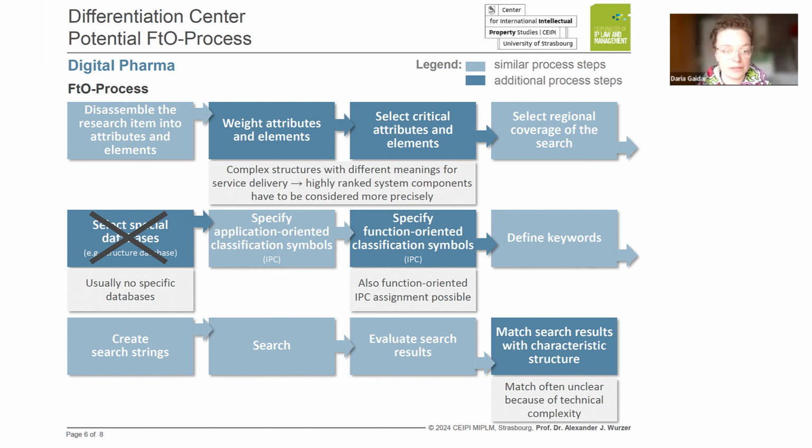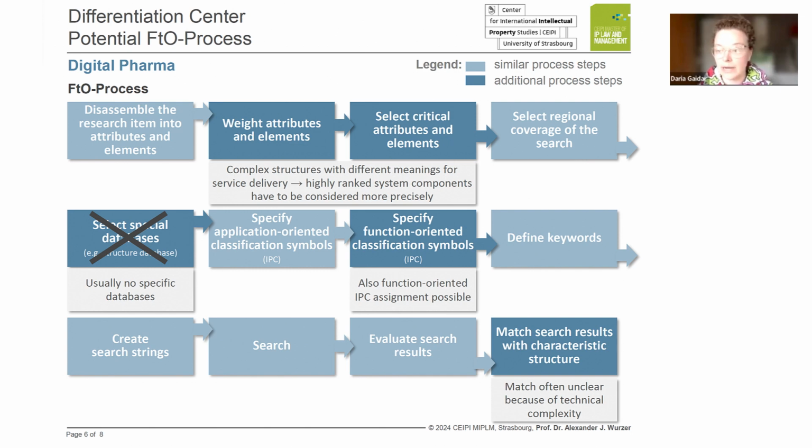As an example, here are the open source licenses for the dependencies. We go further right and we see that not only the application-oriented classification can be used, but also the functional one. But as we have seen on the slide presented by Eric, the IPC classes become much more various and numerous as we proceed to the digitalized economy.